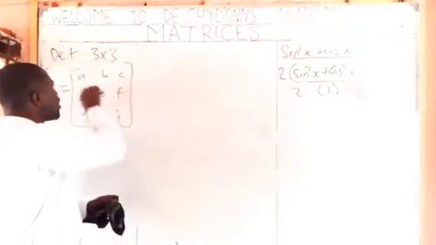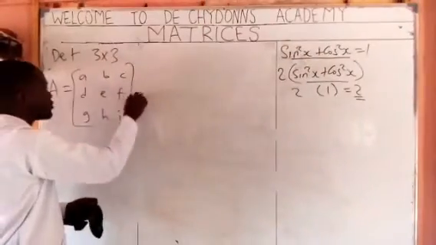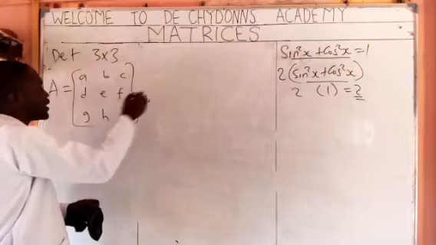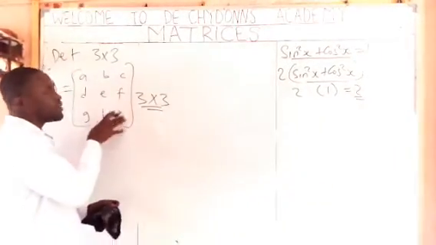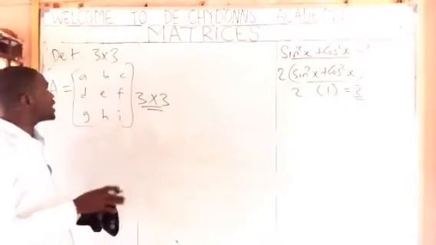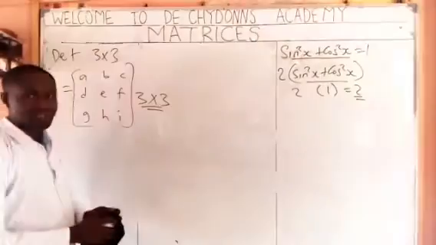Why? Number of rows: 1, 2, 3. Number of columns: 1, 2, 3. 3 by 3. That is the answer. That means that this is a 3 by 3 matrix. But the question now is, how do you get the determinant of it?